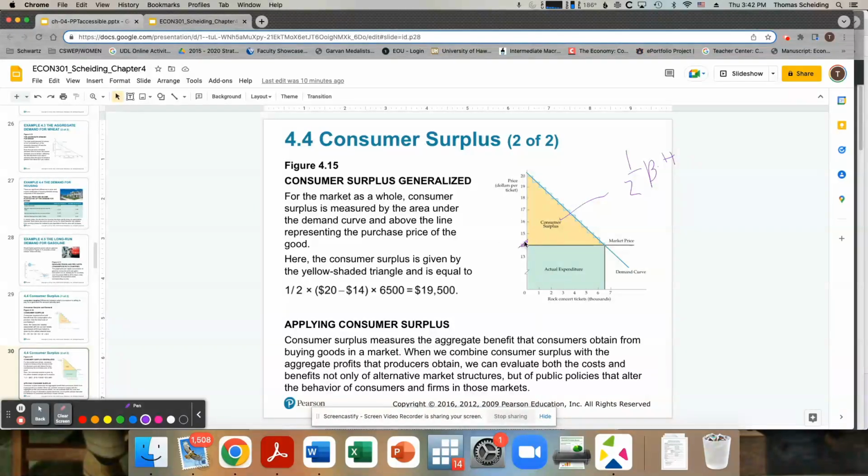That would be the difference between the market price and your y-intercept, times the equilibrium quantity, and taking it times 1/2. And we'll have some problems where we're going to look at that too.